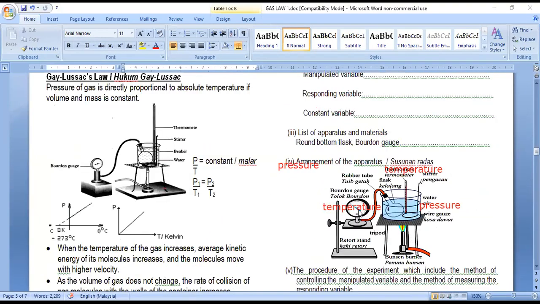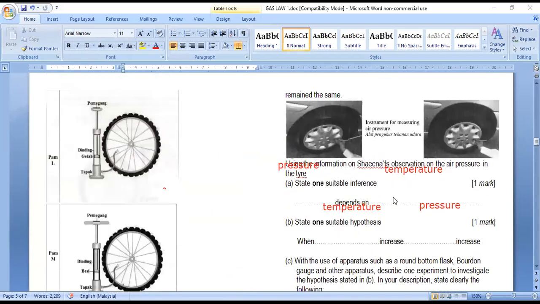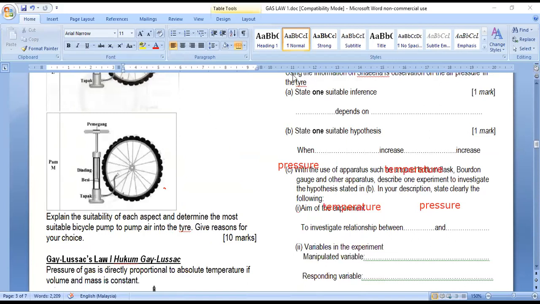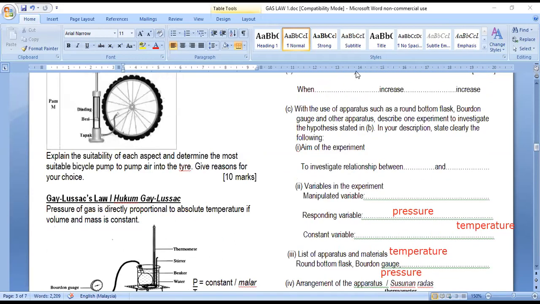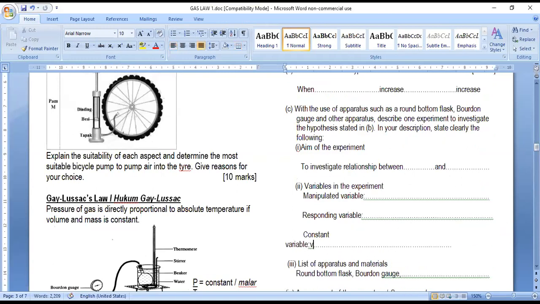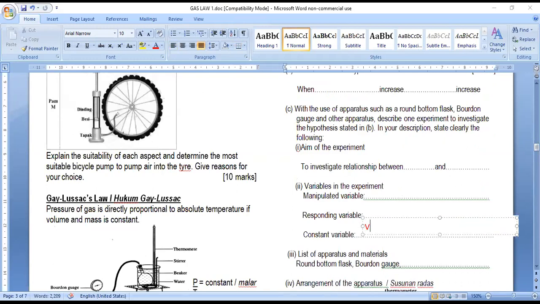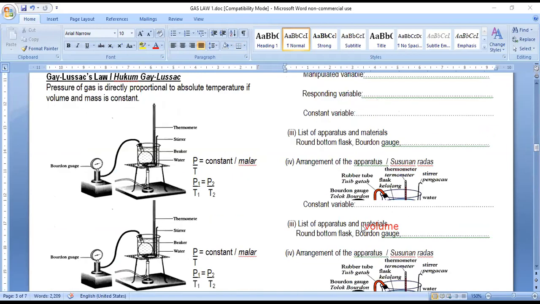Now, with the use of apparatus such as a round bottom flask and Bourdon gauge, we discuss the experiment. You are using this apparatus. The aim of the experiment is to investigate the relationship between pressure and temperature. The manipulated variable will be temperature, the responding variable is pressure, and the constant variable will be volume. For the list of apparatus and materials, you can refer to this.